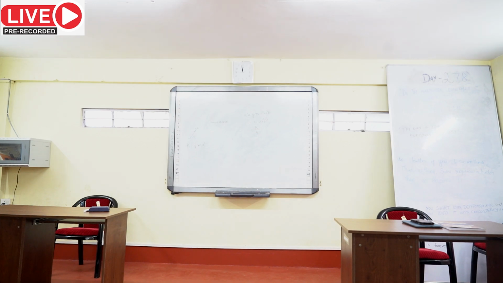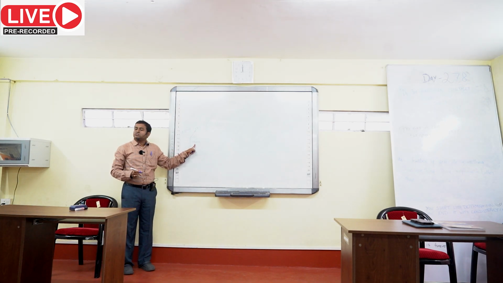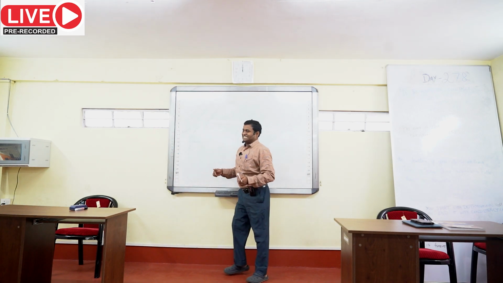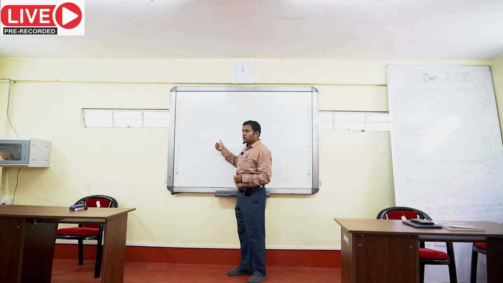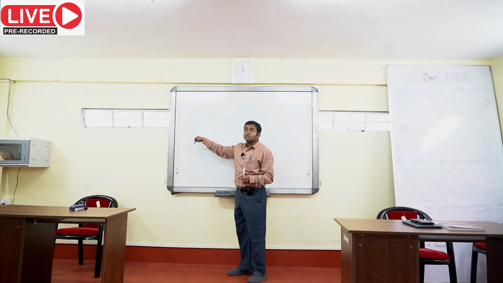Tell me, what is the problem? Does this u cos theta velocity ever change? No. Why? This velocity is in which direction? Horizontal. And gravity is in which direction? Vertically downwards.